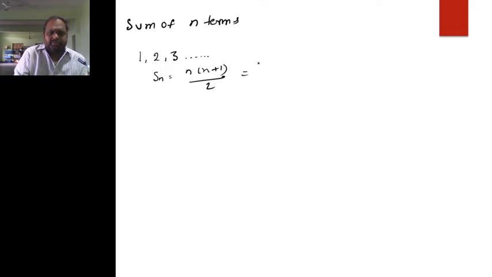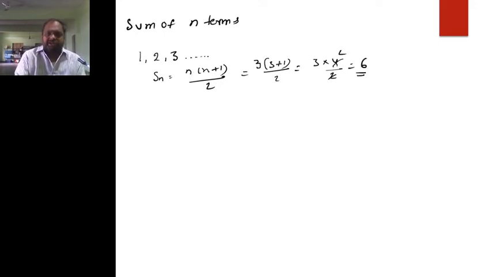Here we are having 3 terms: 3 plus 2 plus 1, 6. So 3 into 3 plus 1 by 2, that is equal to 3 into 4 by 2, that is equal to 6. So you add these three numbers, you will get 6. You substitute the number of terms here, you will get only 6.